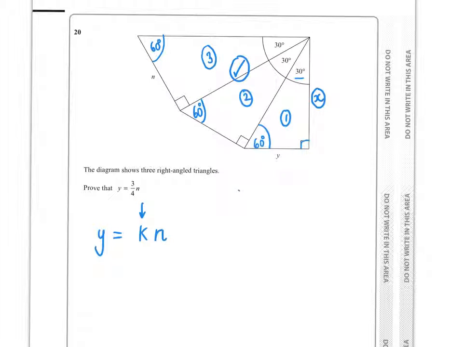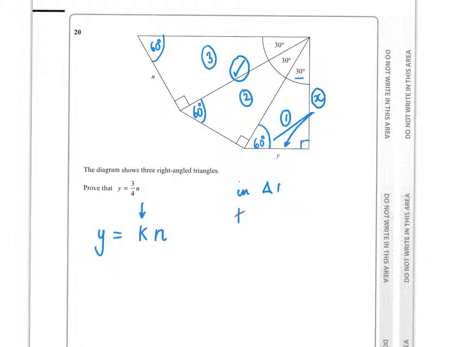So in triangle 1, I will use the fact that I know all the angles here, so I can use sine, cos, or tan. It doesn't really matter. I think I'm going to use opposite and adjacent.